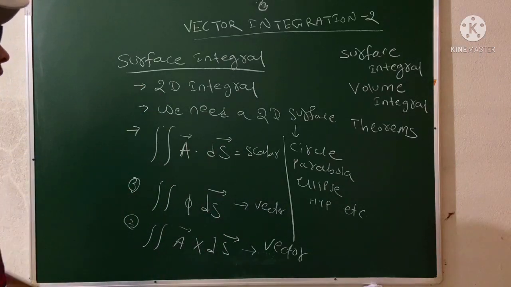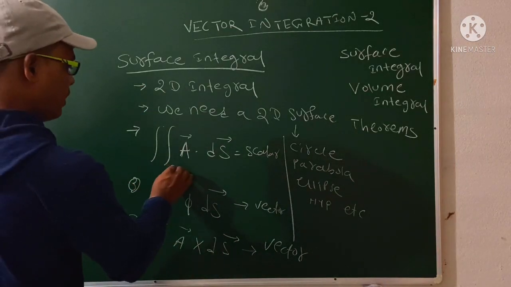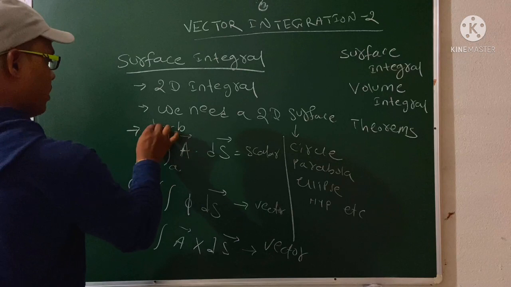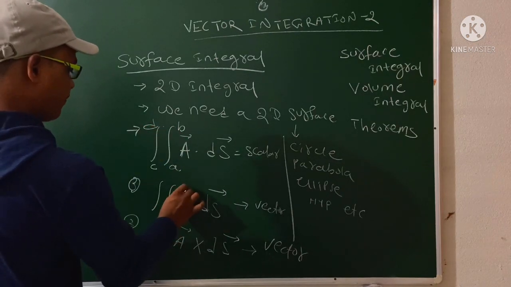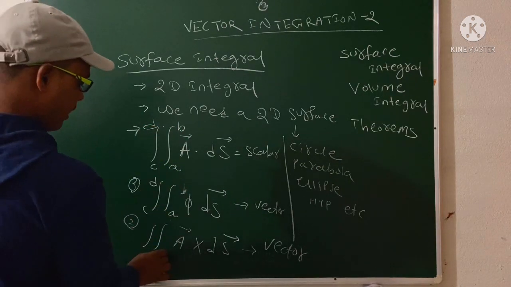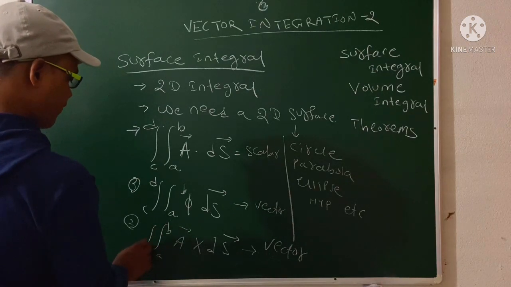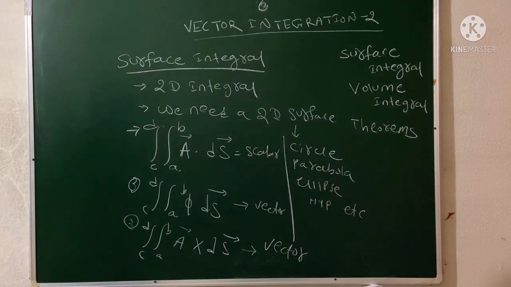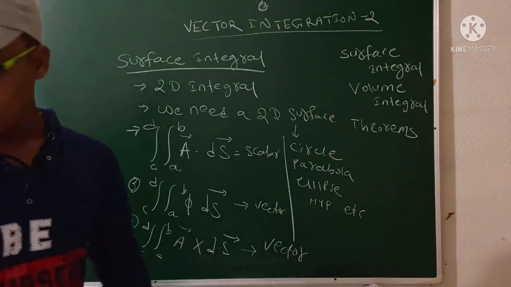Remember, this is a 2D integral, and we also need the limits a, b, c, d, that is, the boundary of the surface. So these are the three types of surface integral, and the main important thing is how we will find the dS vector.